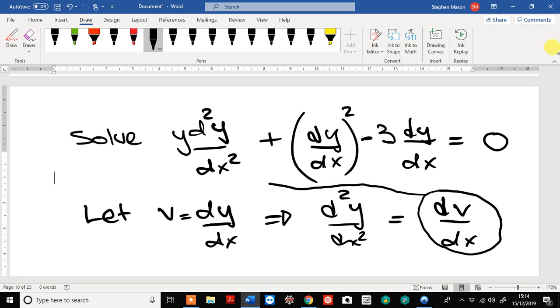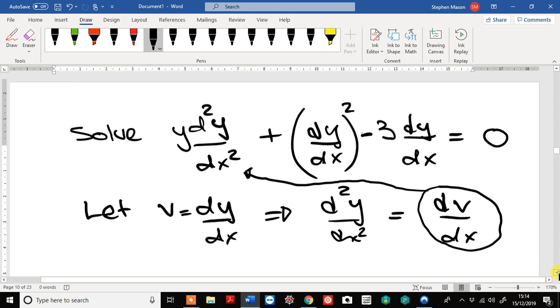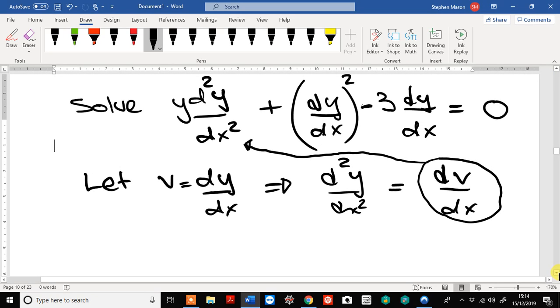Now, if you notice, if we substitute this dv by dx in to here, we'll end up with three variables. We'll have a v, an x, and a y, and we don't want three variables in an ordinary differential equation. We can only have two variables legitimately. Other than that, it becomes a partial differential equation.